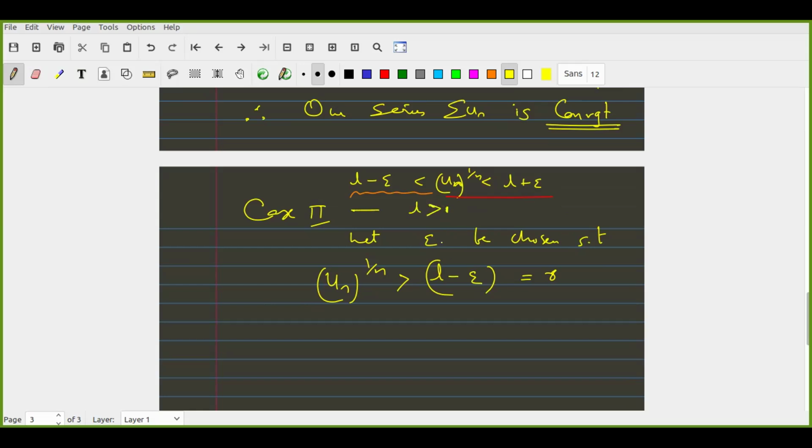Therefore, we choose epsilon such that L minus epsilon is still greater than 1. Even after subtracting this small epsilon, the status of L being greater than 1 should be retained. That's what I claim here. So I carefully choose epsilon, and you see that for all epsilon this inequality is true. So we have the liberty to choose such epsilon.